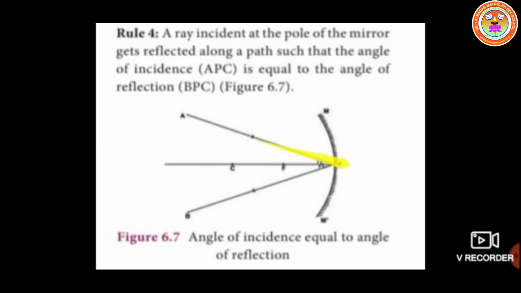So a ray is incident at the pole. After the reflection it goes along the path such that the angle of incidence APC is equal to the angle of reflection, that is BPC.